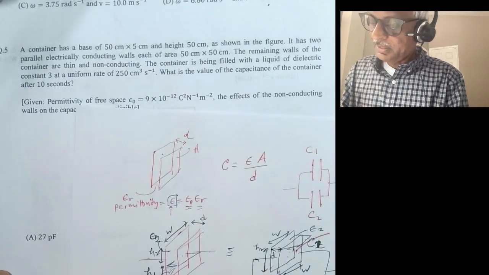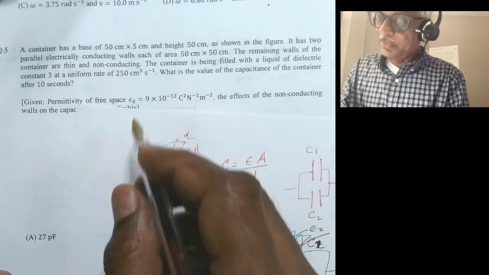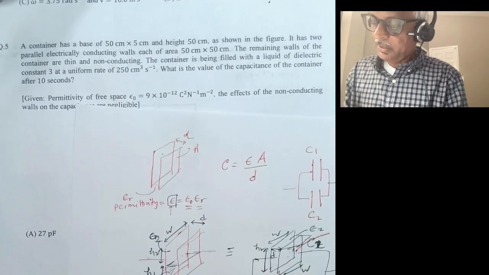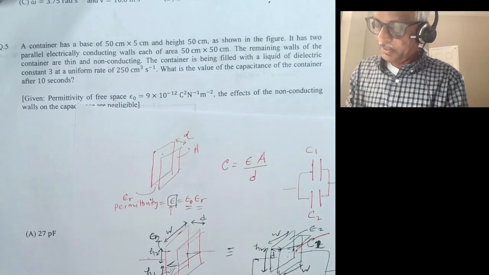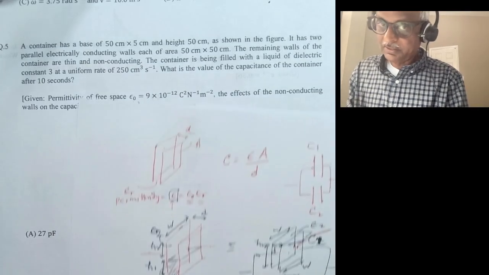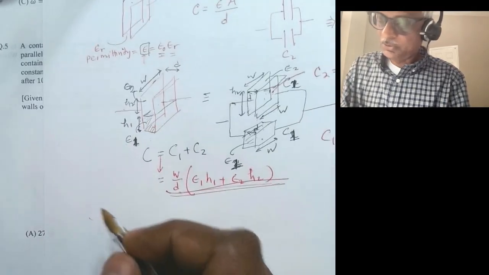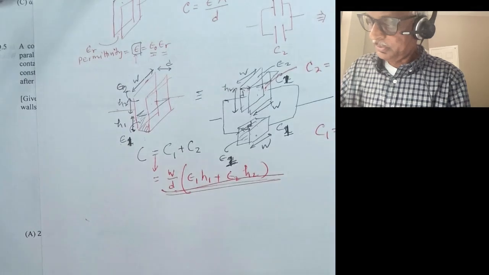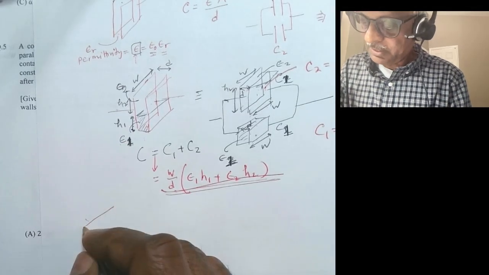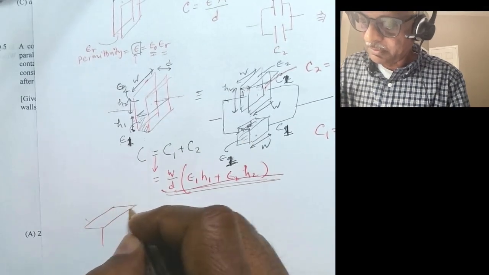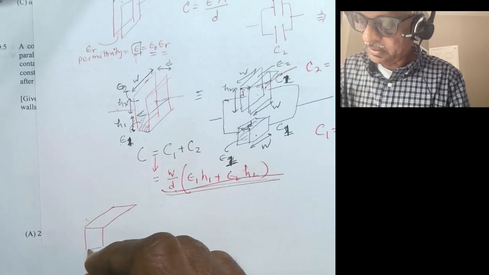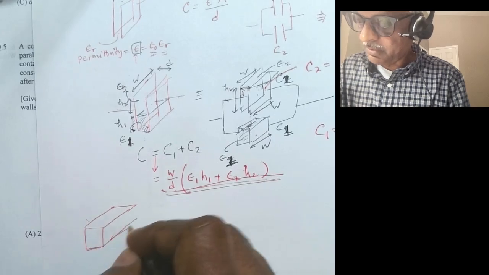So let's look at the bottom of this. Volume rate is very easy to use, right? So I have a container. Consider the bottom part is a container. The whole thing is, of course, this container.